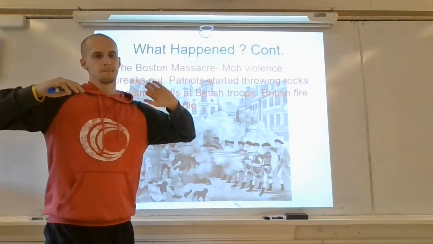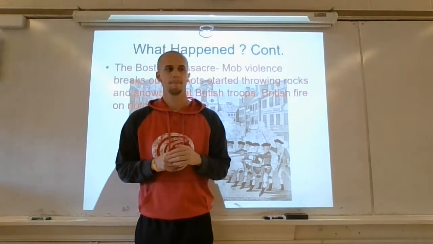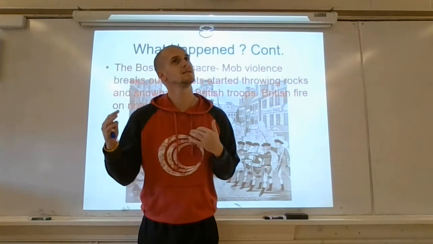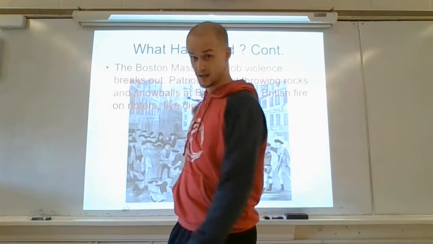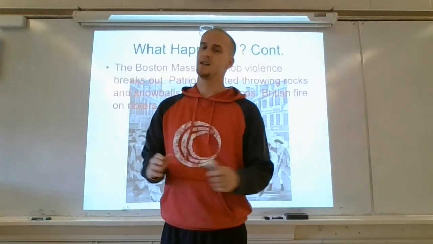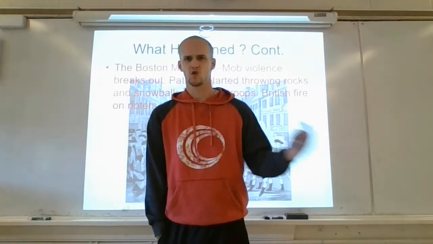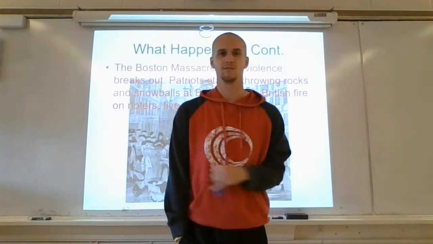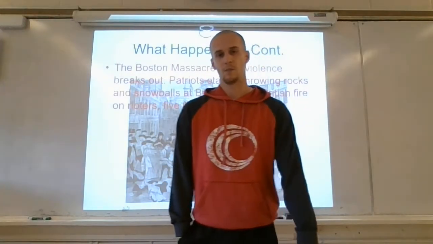And what's ironic is that in today's world, and throughout American history, we're going to keep going with this, African Americans are not treated the same. Still today, there's a discrepancy between the treatment of minorities and white people.